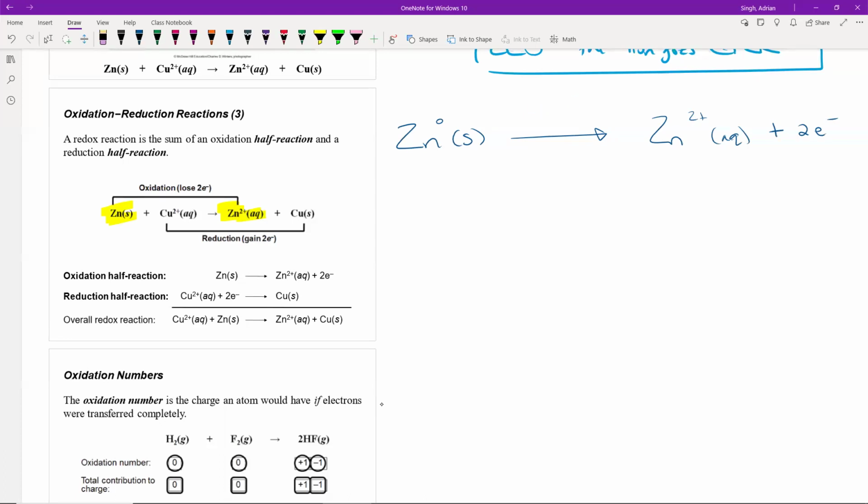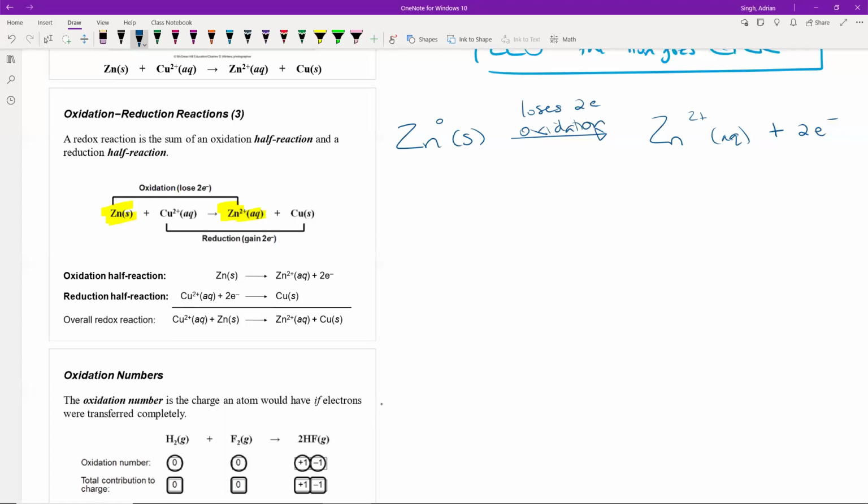You add up the charges on the right side, the 2+ and 2- gives you an overall charge of 0, as on the left. So the zinc here is losing 2 electrons. Losing electrons would be oxidation.